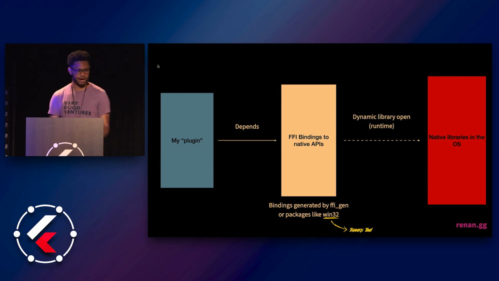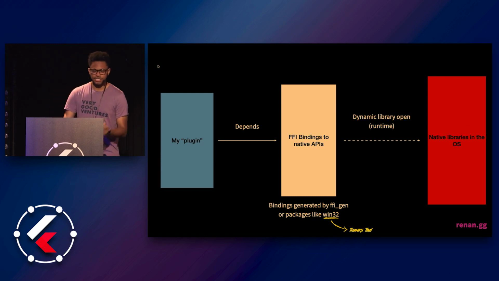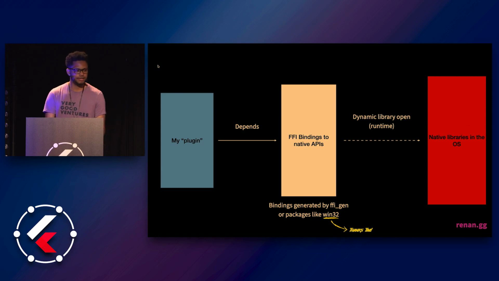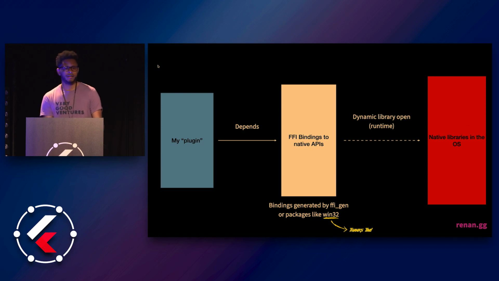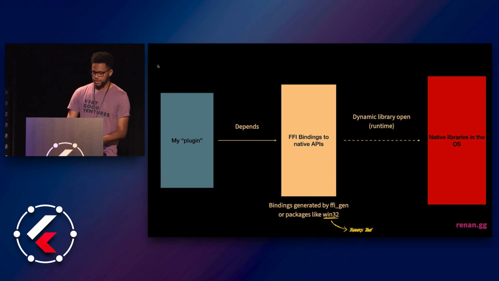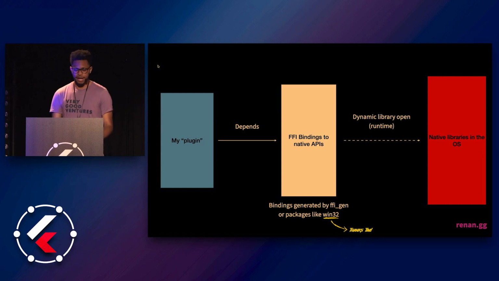So this is still Dart too, and in most cases it's generated using either the FFI or JNI tooling packages, or you can directly use win32 if you are targeting Windows. You don't need to generate the bindings anymore because Tim Sneath did that for us. So with the win32 package, you have access to bindings to virtually all Win32 APIs.